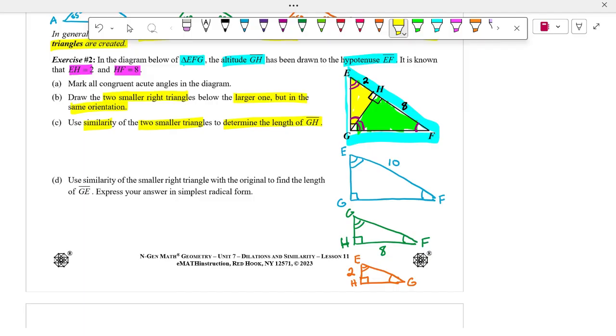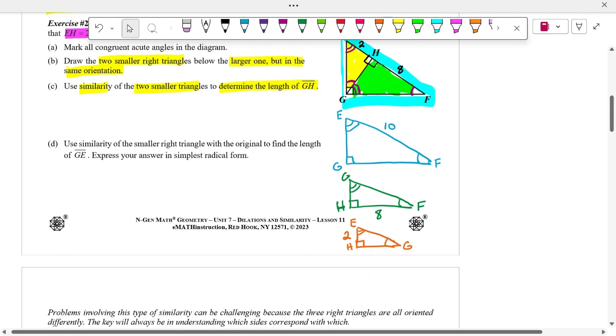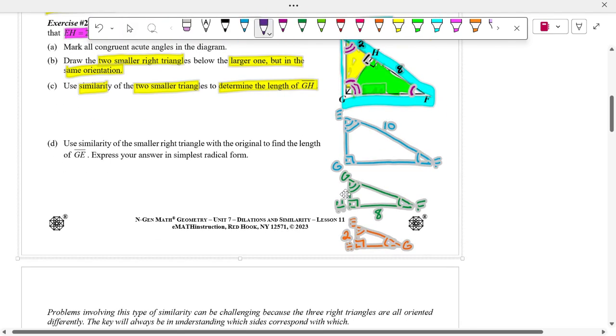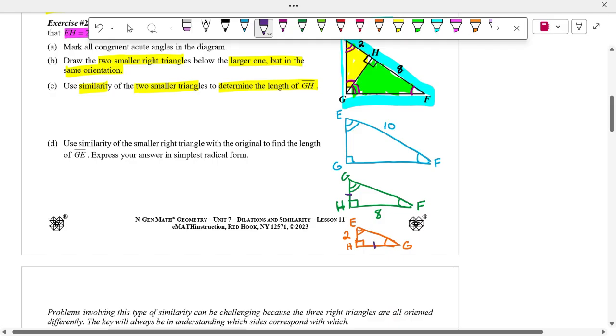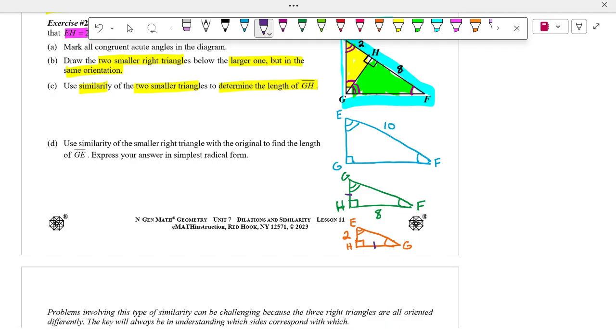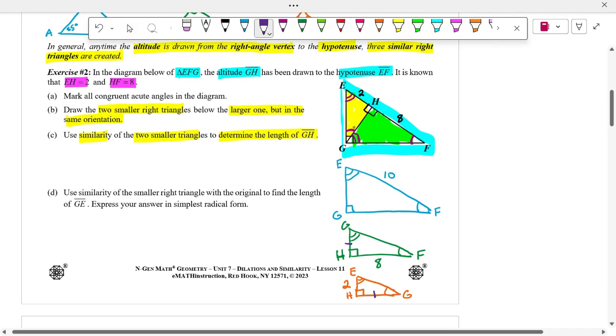They're reflexive, which means that they are congruent. So GH for both triangles is going to be congruent because they originally share that side. These two GHs are congruent to each other between the two little triangles because they are the same side. If you look, that's the side that those two triangles share.